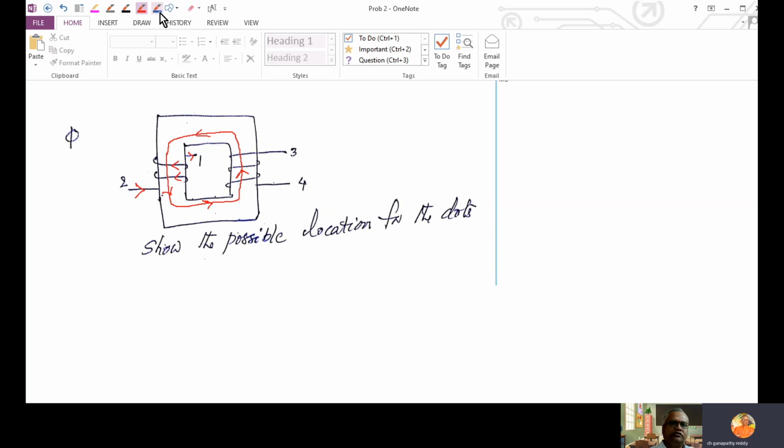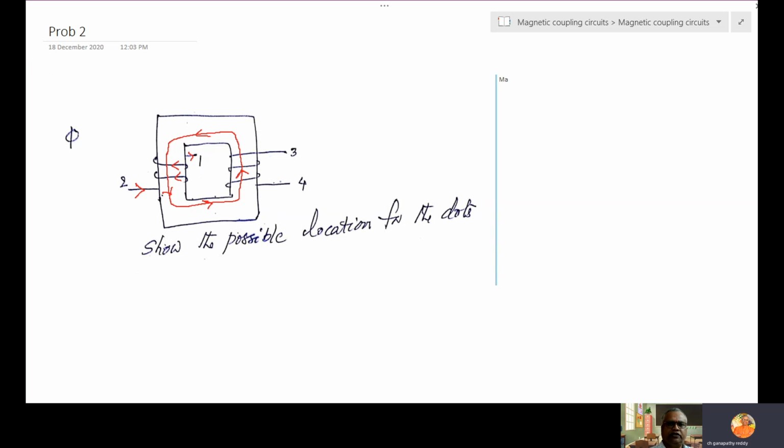Now send current from 3 or 4, anything, and the answer remains the same. If I send from 3, this is the current direction. Again use the right hand thumb rule, four fingers indicate the current direction, then again the flux will be downward. This is the flux direction.